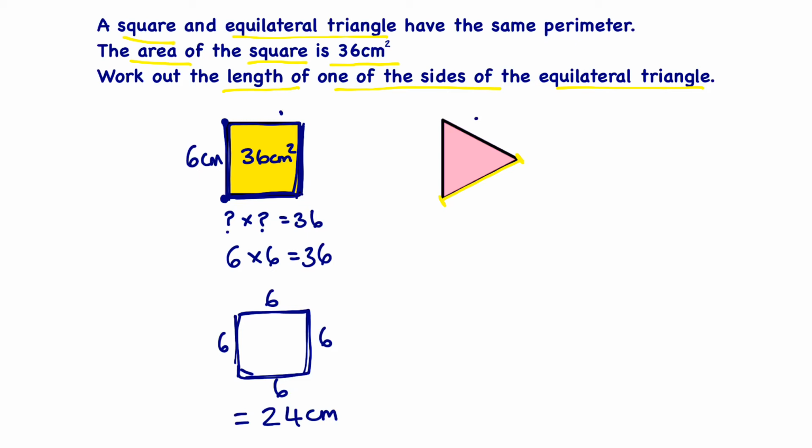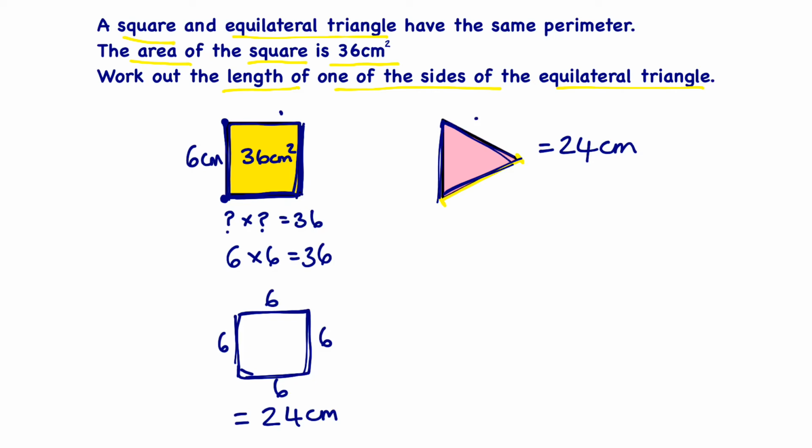I know that the perimeter of the equilateral triangle is the same, so the perimeter of my equilateral triangle is also 24 centimetres. So what do we know about equilateral triangles? Equilateral means the same, so all the sides of the triangle are the same.